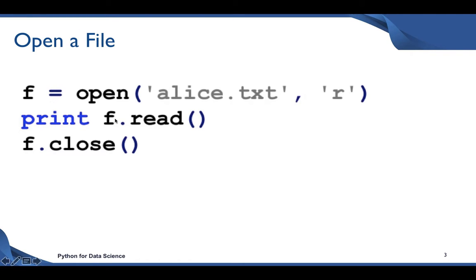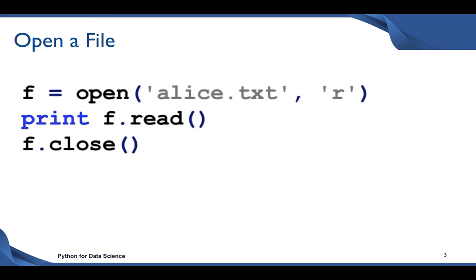Then on this file pointer I call a function called read. It reads the contents of the file till the end, and we print it, and it will display all the contents. Then after that we close the file. So these are the three operations: open a file, read the contents of a file, and then close that file.